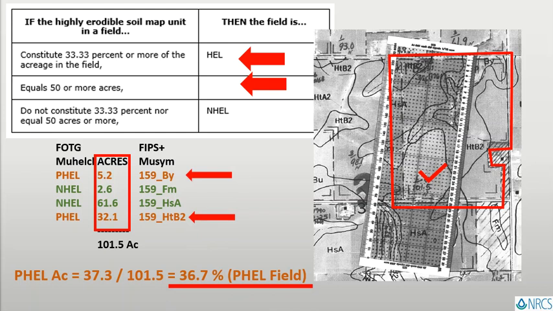To finalize the determination, we would need to field check the BY and HTB2 map units for actual length of slope and percent of slope. With the deadline we had to complete the original determinations, some offices defaulted the PHEL map units to HEL and moved on.